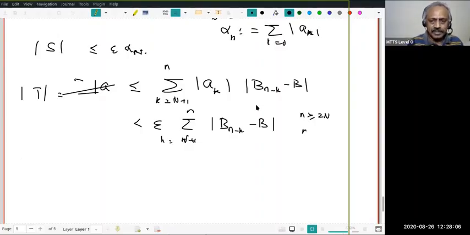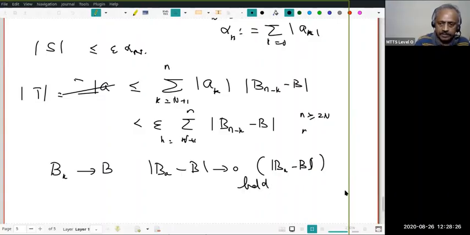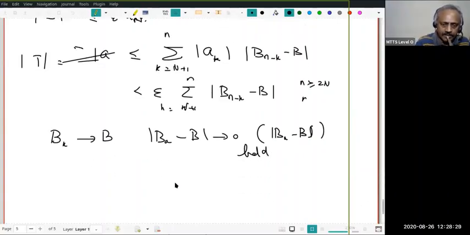What crude estimate? Let us look at mod Bn minus B, right? What do I know? I know Bk converges to B. Therefore, mod Bk minus B goes to 0. Therefore, the sequence mod Bk minus B is a bounded sequence, right? You understand this?